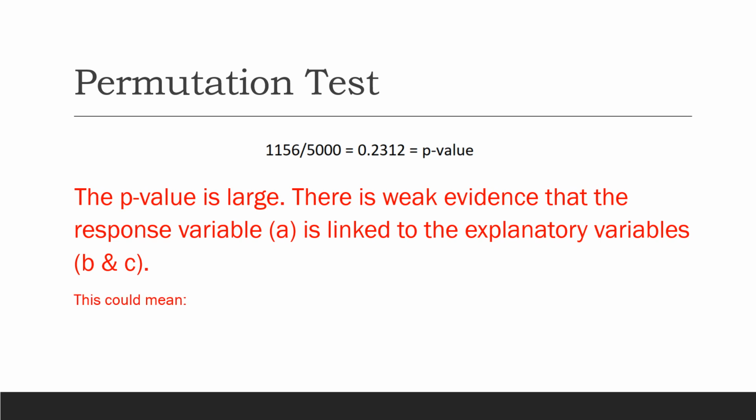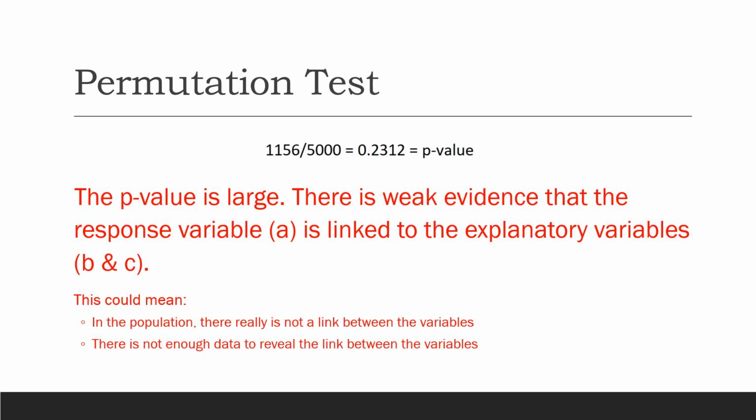And this could mean a few different things. One of the things it could mean is that in the population, there really isn't a link between these variables at all. But another thing that it could mean is that there's not enough data to reveal the link between the variables. And with such a tiny number of cases, remember there were only 5 in this data set, that's entirely likely.